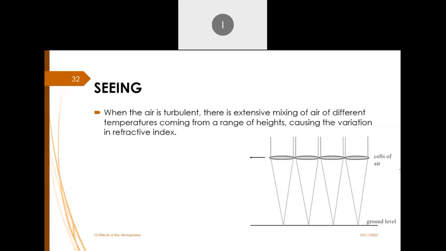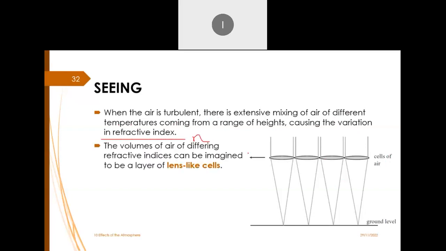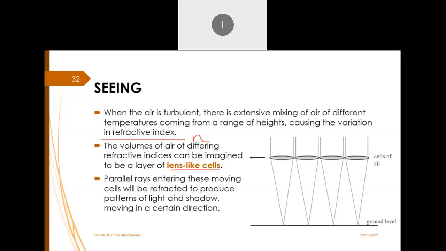There is extensive mixing of air of different temperature coming from a range of heights, causing the variation in refractive index. The volumes of air of differing refractive index can be imagined to be a layer of lens-like cells, very thin.